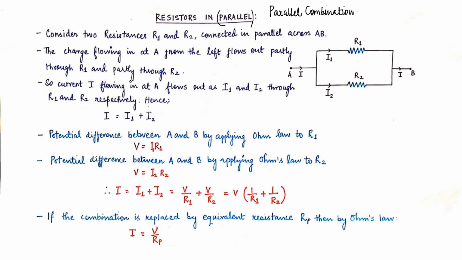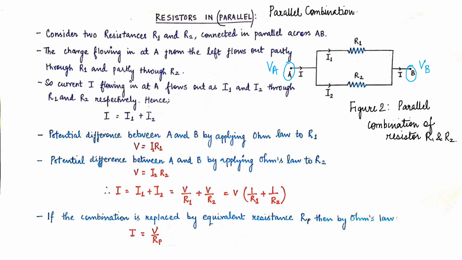So in parallel combination, as you can see in figure number 2, this shows the parallel combination of resistors R1 and R2. So what is happening over here is, this is point A having a potential VA, this is point B having a potential VB.